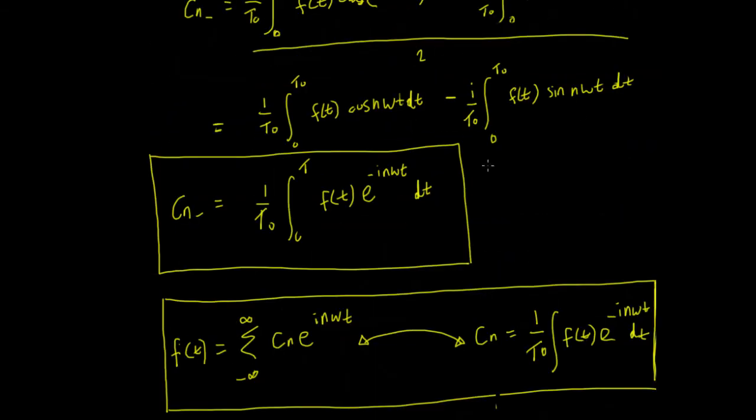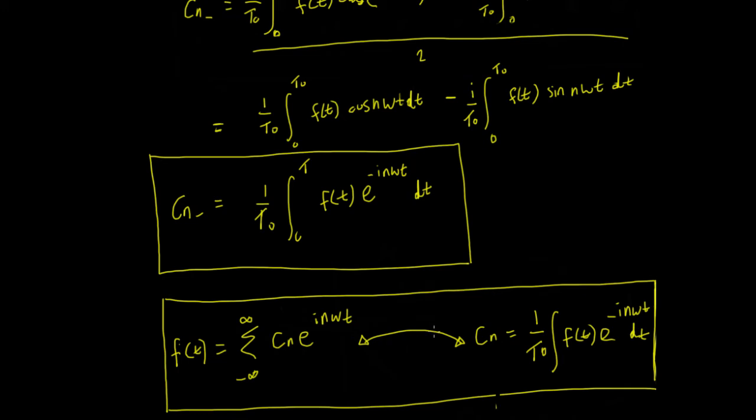So what we have then is a function here. We can approximate this function of time by a series of exponential functions, and the magnitude of the functions is given by some value Cn. Then we can ask, how do we find the values of Cn?